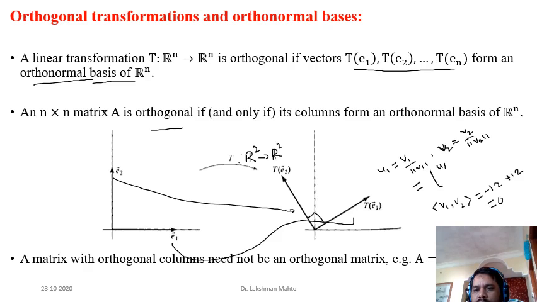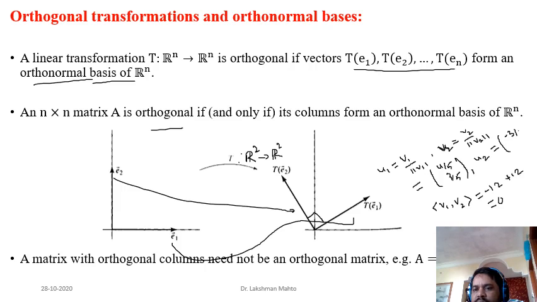So what is U1? U1 is (4/5, 3/5). You can observe that this is a unit vector, a vector with norm 1.